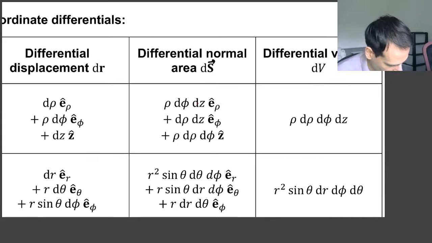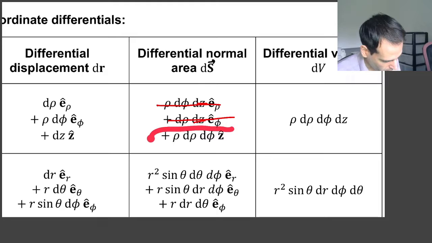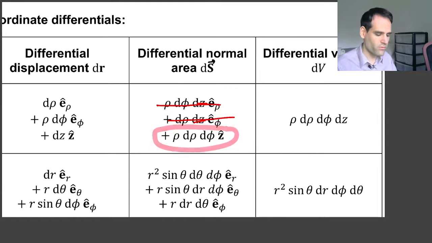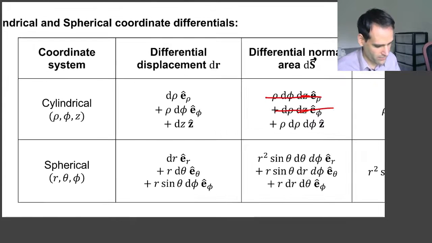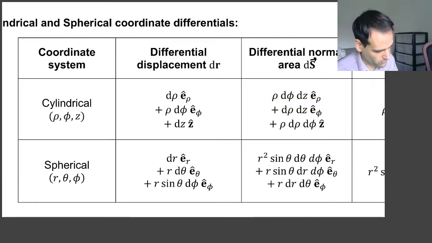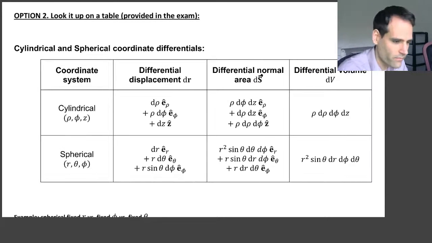So therefore, this is 0, this is 0. So we are only left with this, rho d phi z hat, which is exactly what we found by geometrical intuition, okay? Because I looked at ds for cylindrical coordinates. Fine?